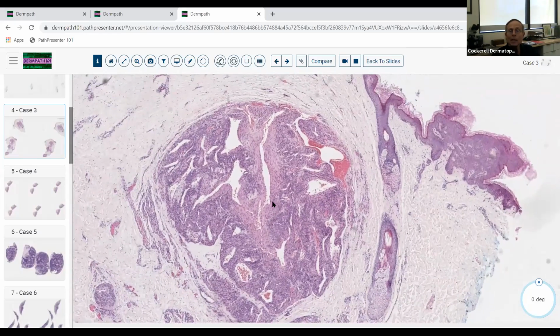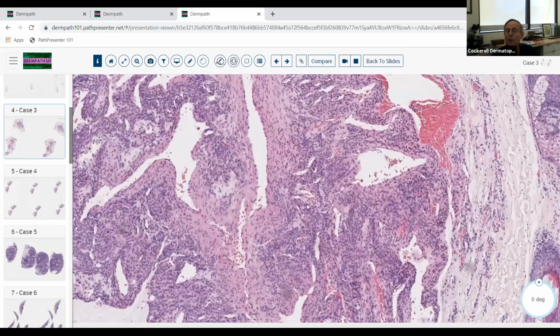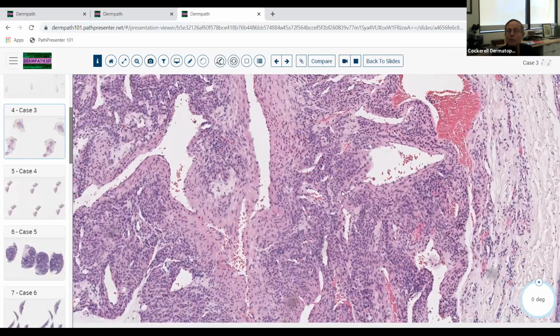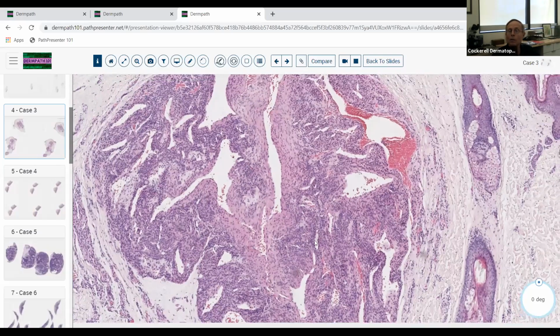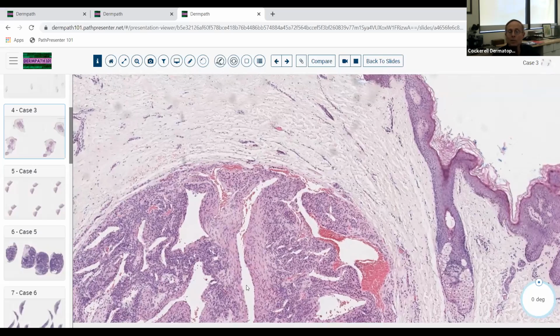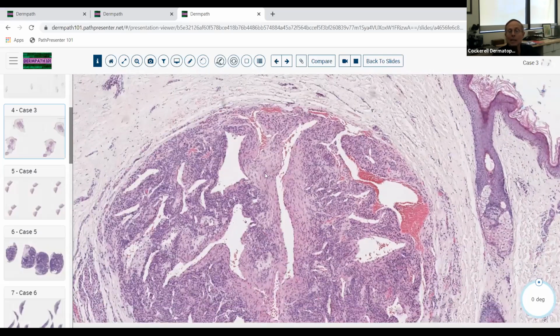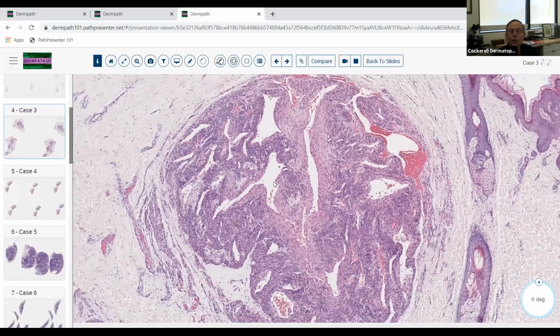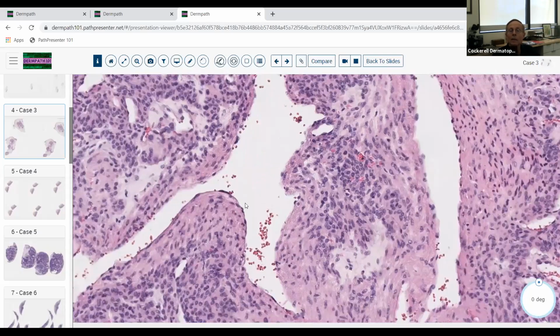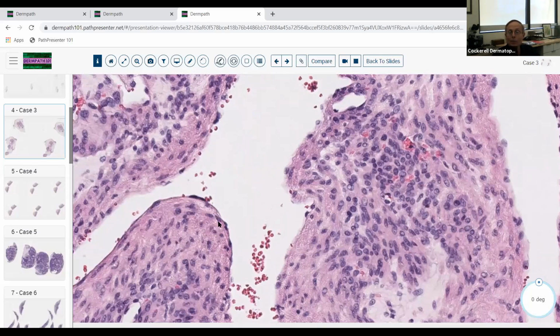Let's go to higher magnification. It certainly doesn't look like a typical epithelium, say, of a hair follicle or of the overlying squamous epithelium. It doesn't look like any adnexal structures. It's got all of these central spaces in them, lined by these flat cells.